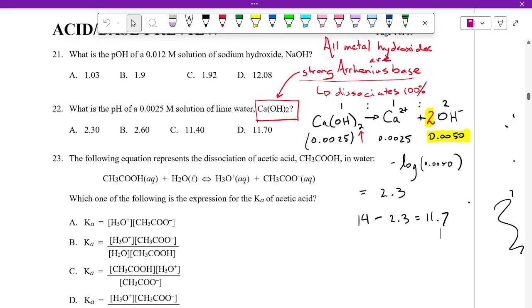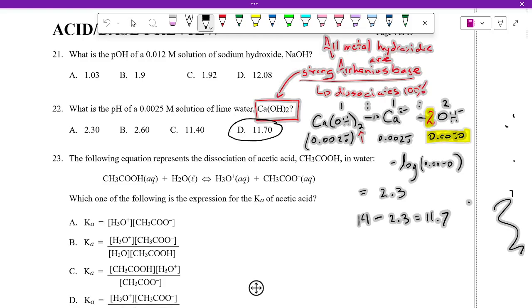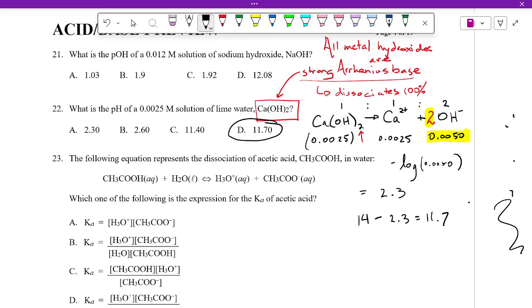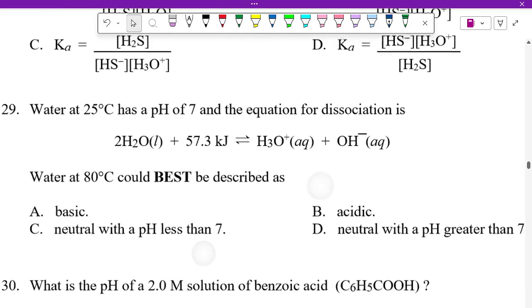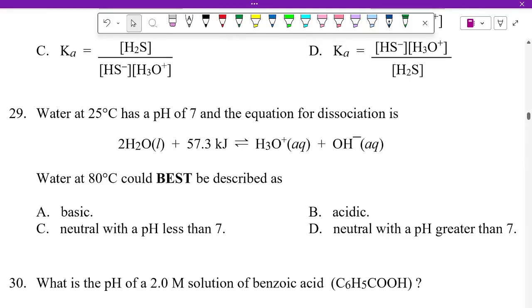So that was number 22, 11.70. Number 29. Water at 25 degrees Celsius has a pH of 7. And the equation for dissociation is like that. Our heat term is here.